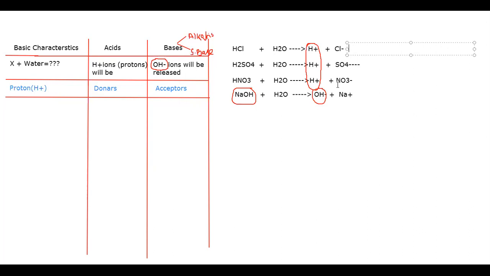This is called the hydronium ion. The hydrogen ion reacts with the water in the solution, and the hydrogen ion and water molecule make a substance called the hydronium ion. The formula of hydronium ion is H3O positive. And the second substance is chloride ion.